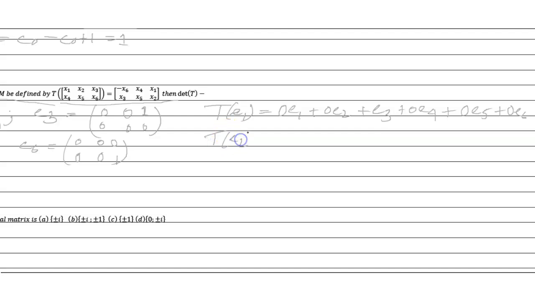TE1, TE2 equals to, similarly it can be written this way. TE1 is written as 0 0 1 0 0 1 and 0 0. That's why I can write this way, and TE2 can be written, this is my TE2 value, 0 0 0 0 0 1.